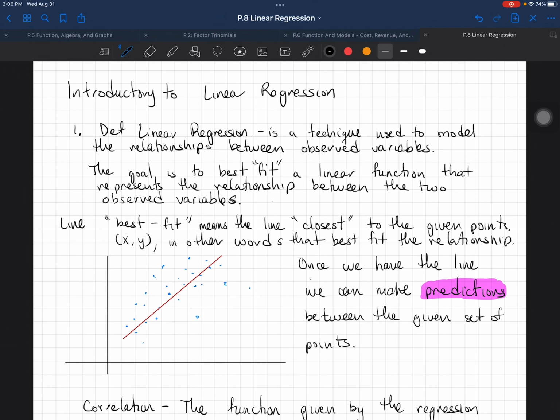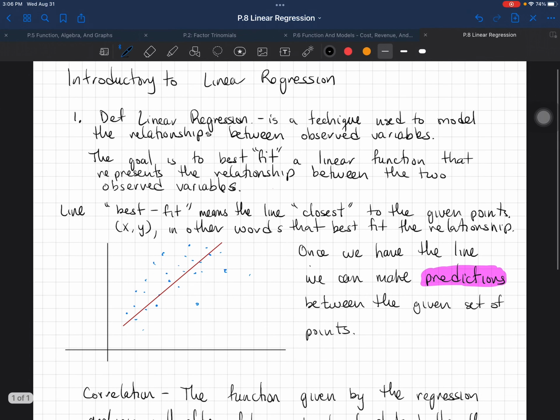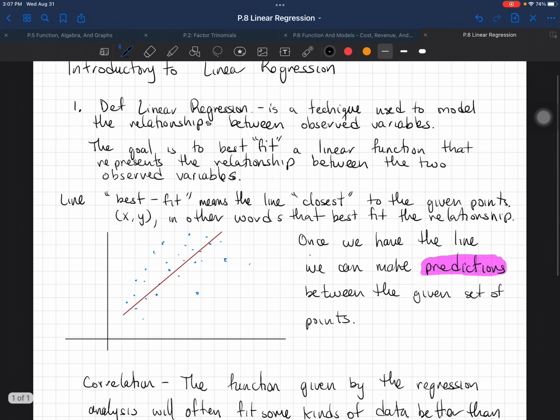We've seen it a little bit in the other course, in the other sections, but let's do a quick formal introduction. Linear regression can be defined as a technique used to model the relationship between observed variables.